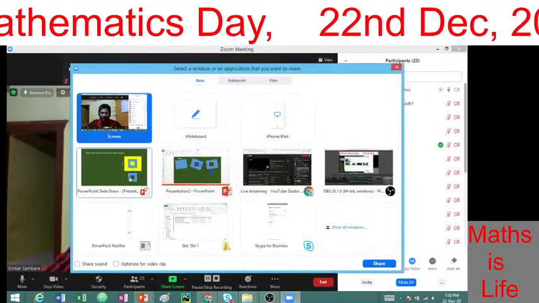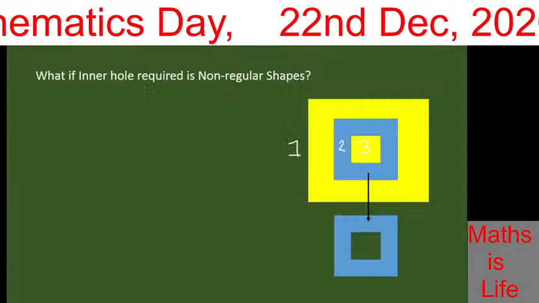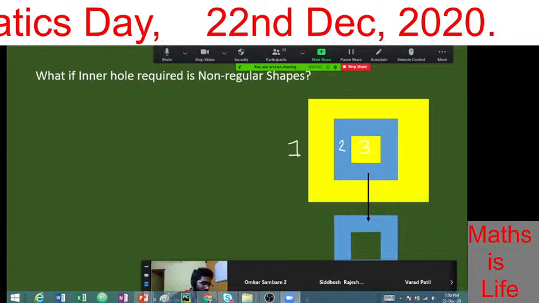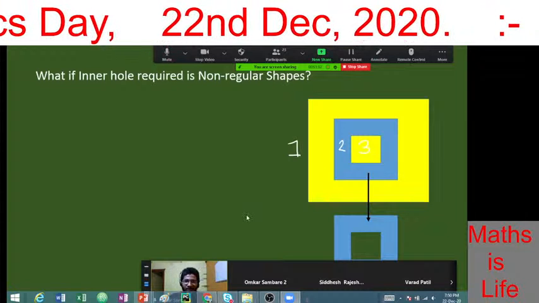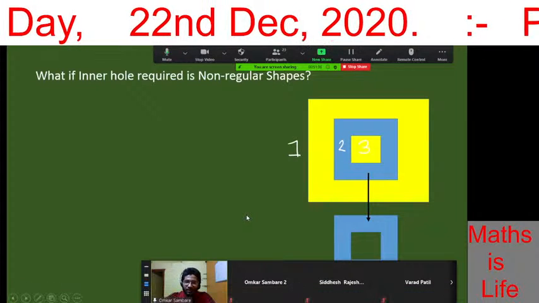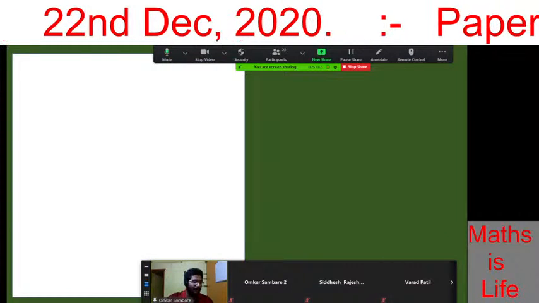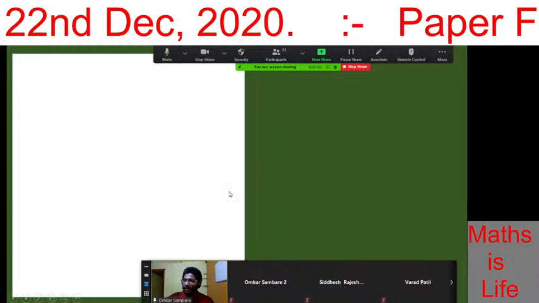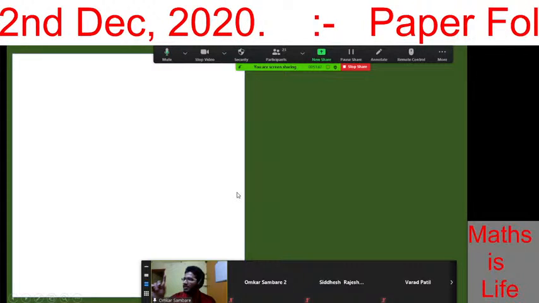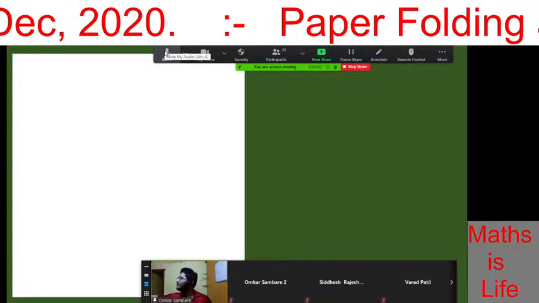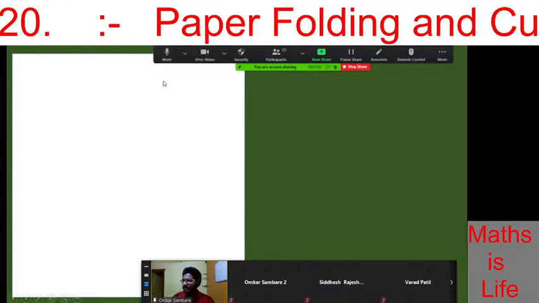I am again sharing the screen and showing the next part. Okay, the next task you have to do is, okay, now the next slides will be like this. On the left side, just a minute. Okay, now the slides will look like this.